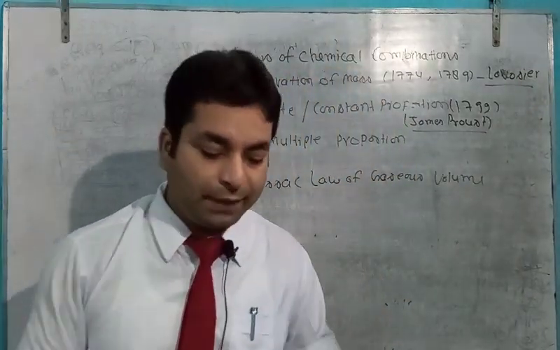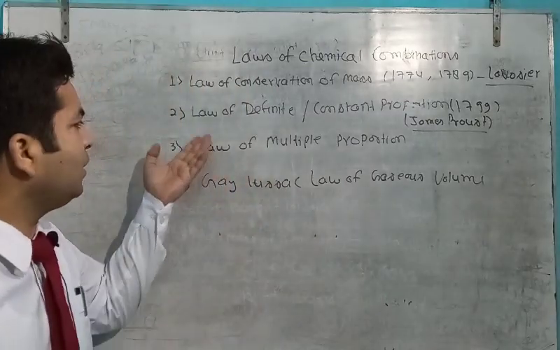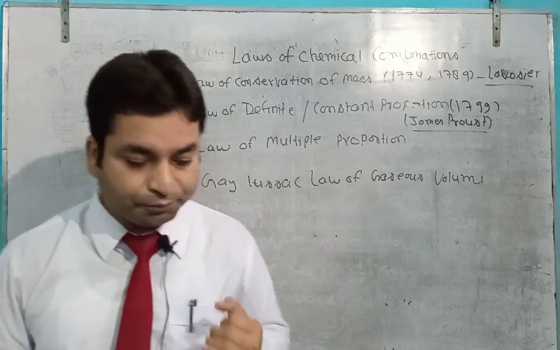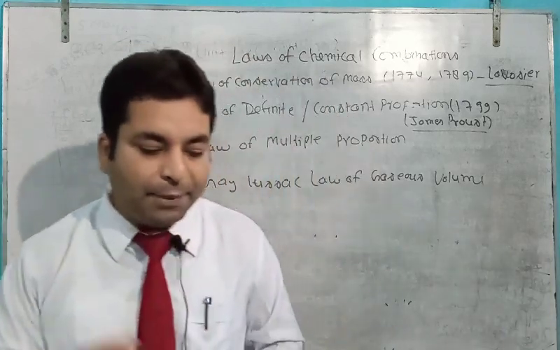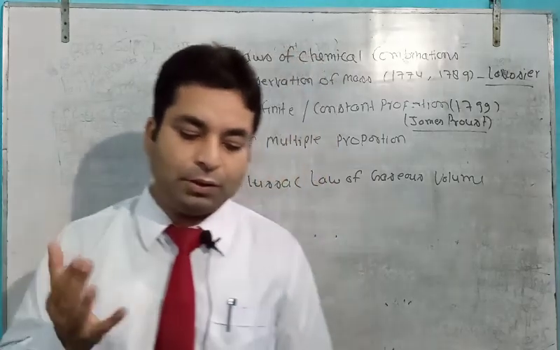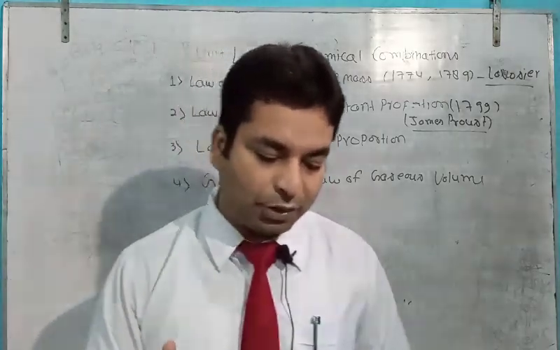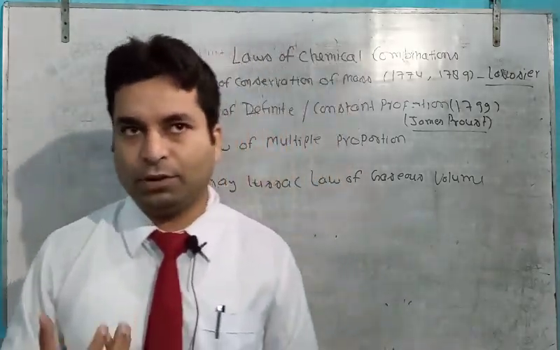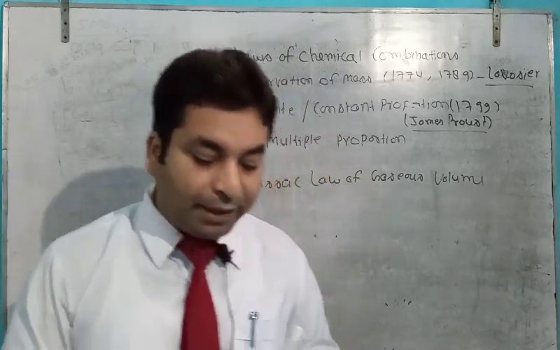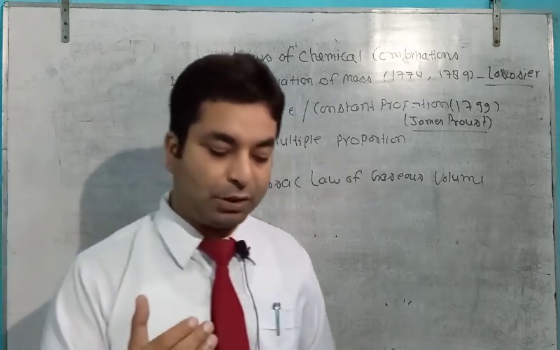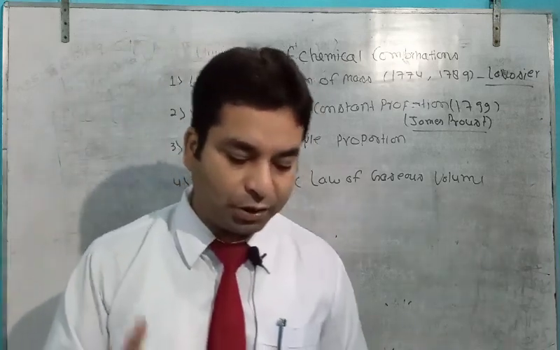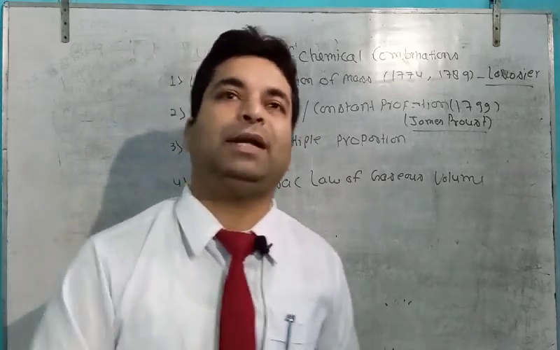What does the law of definite proportion say? The law of definite proportion says that a chemical compound always contains the same elements combined together in fixed proportions by mass. Let's understand. A chemical compound has a fixed composition and it does not depend on the method of its preparation or the source from which it is obtained.